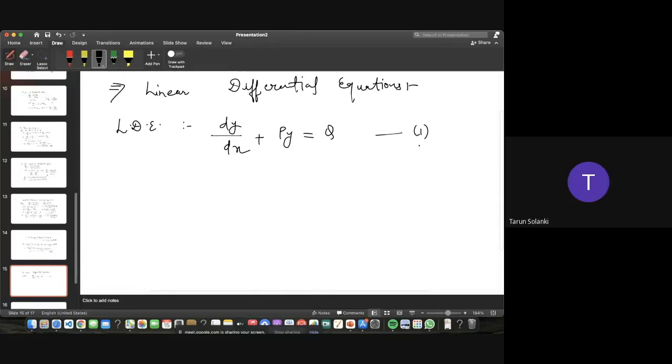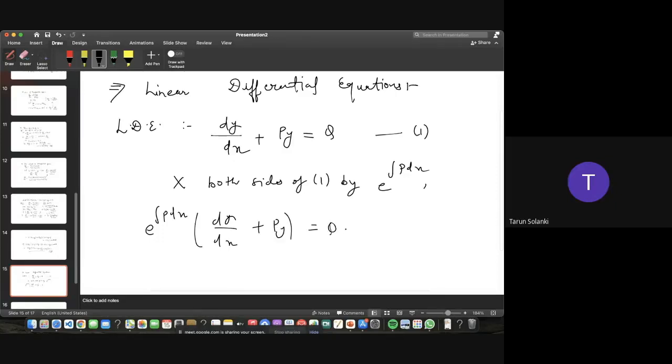So multiplying both sides of equation 1 by e^(integral P dx), we get e^(integral P dx)(dy/dx + Py) = Q e^(integral P dx).